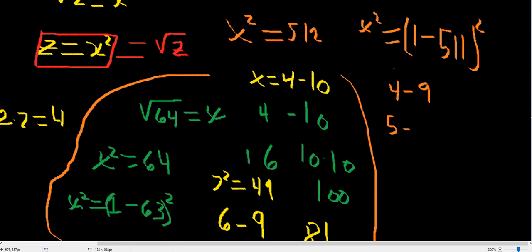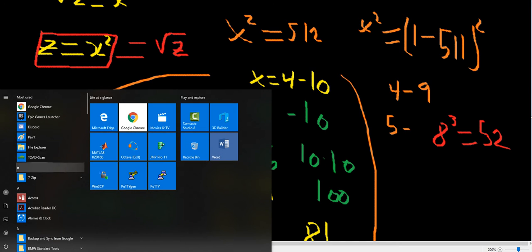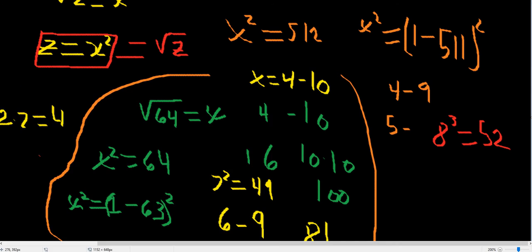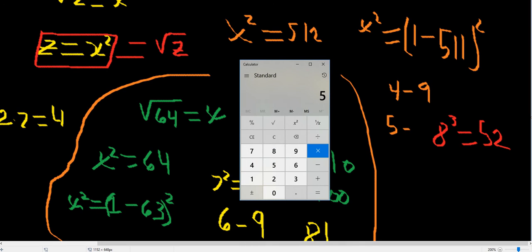So now from doing all this, we figured out that 8 times 8 times 8 equals 512, correct.